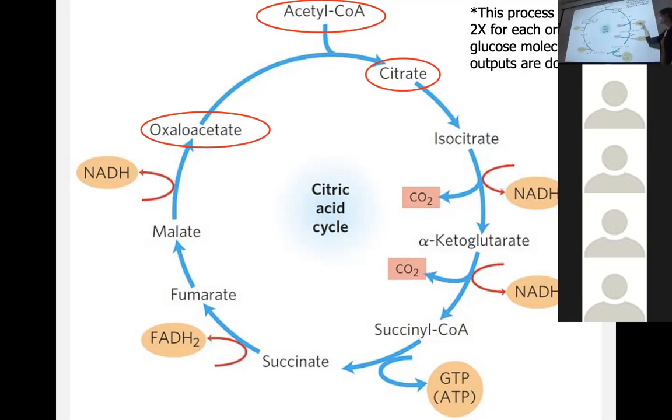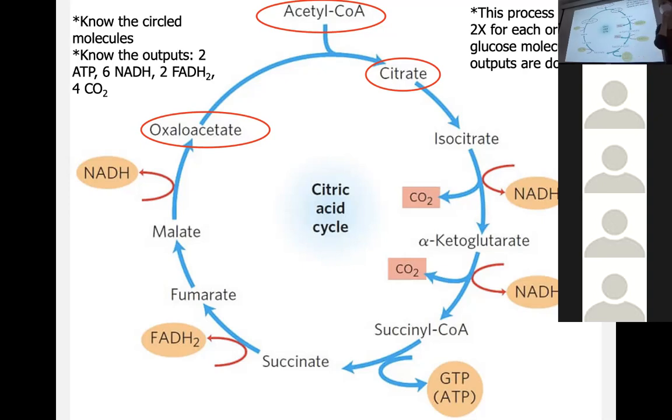And that means these numbers will be doubled as well, the NADHs, the ATPs. I'll give you those totals on another slide. So know the circled molecules and then the outputs.